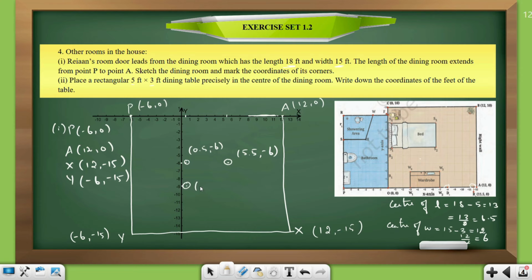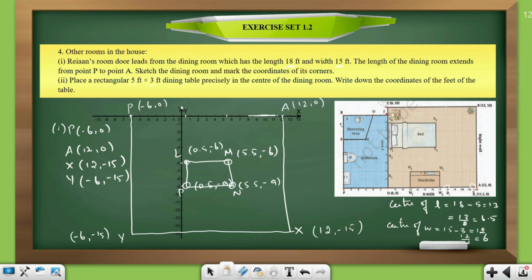So one point is 0.5 comma minus 9, and the next point is 5.5 comma minus 9. Once you join all the 4 points, you will get a dining table located exactly at the center of the room. The points are L, M, N, and P. So these are the coordinates.